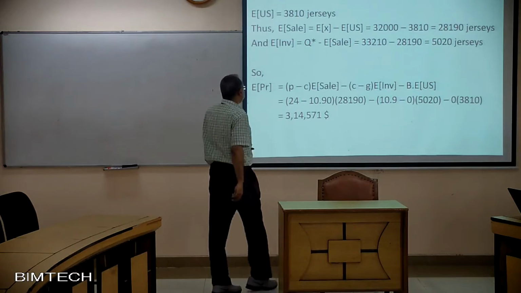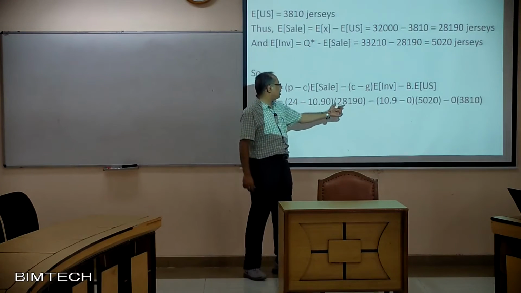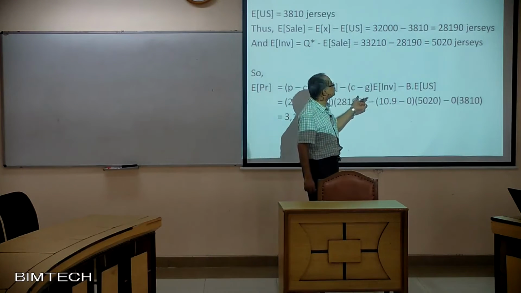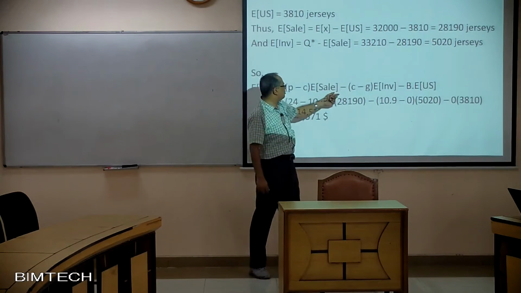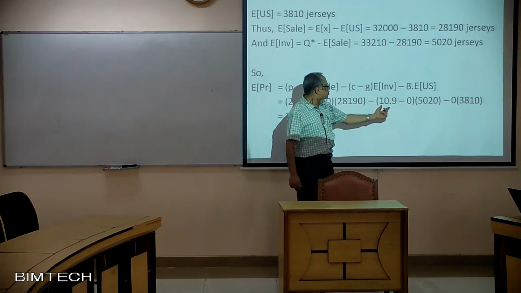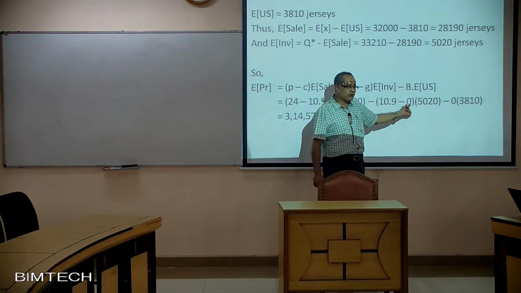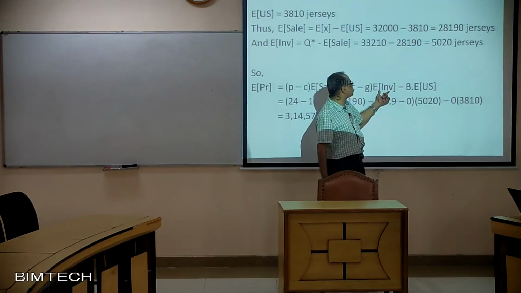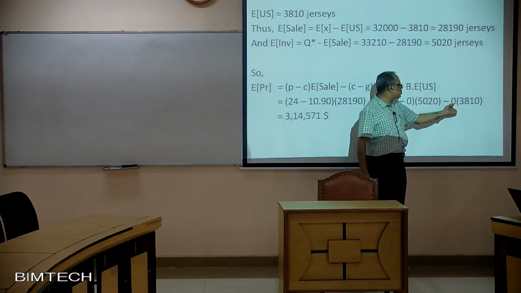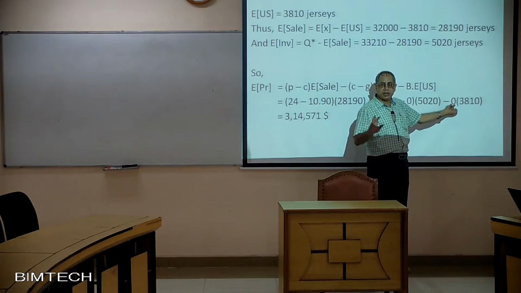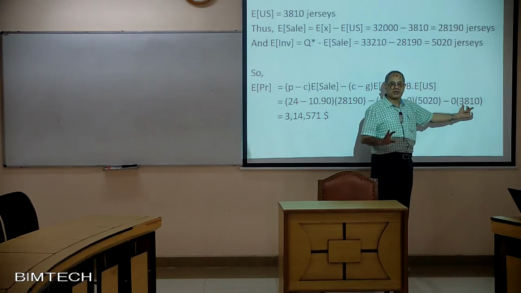So, 24 minus 10.9, P minus C, multiplied by 28,190. 28,190 was our expected sale, minus (C minus G). So this is 10.9 minus 0. Please note that G is 0 in our case, multiplied by expected inventory, which is 5,020, minus 0 because the penalty is 0, multiplied by expected unit short, which is 3,810.